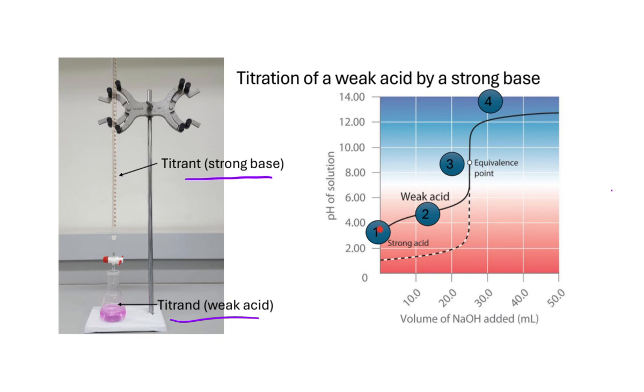You'll notice that the initial pH of a weak acid is higher than that of the strong acid, and that is something that we have seen in terms of calculating the pH of a weak acid versus calculating the pH of a strong acid.